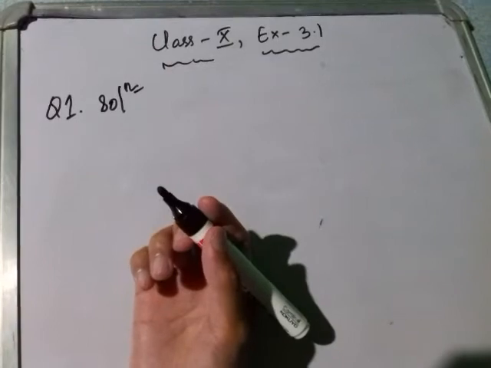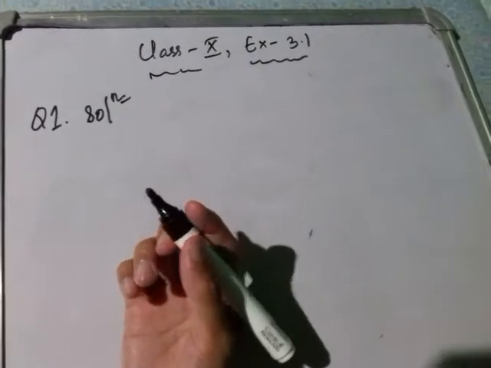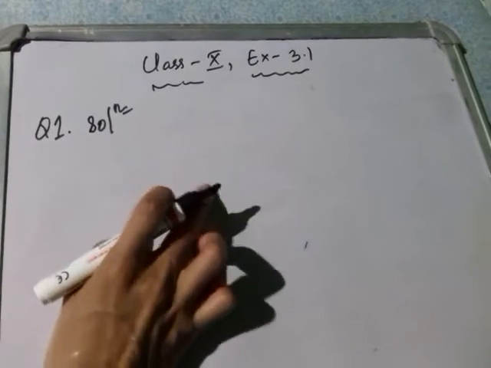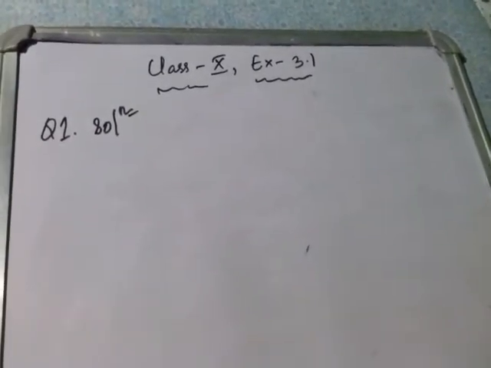Rahim tells his daughter 7 years ago. So we will find out the age of the father, that is Rahim, and the age of the daughter.